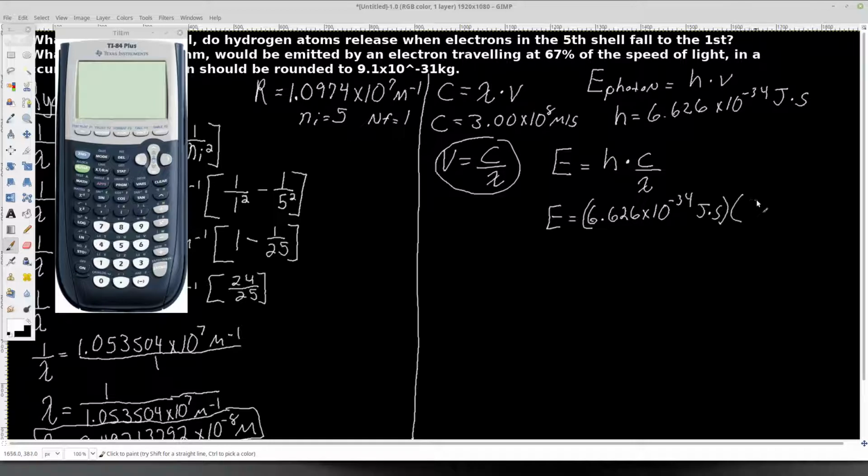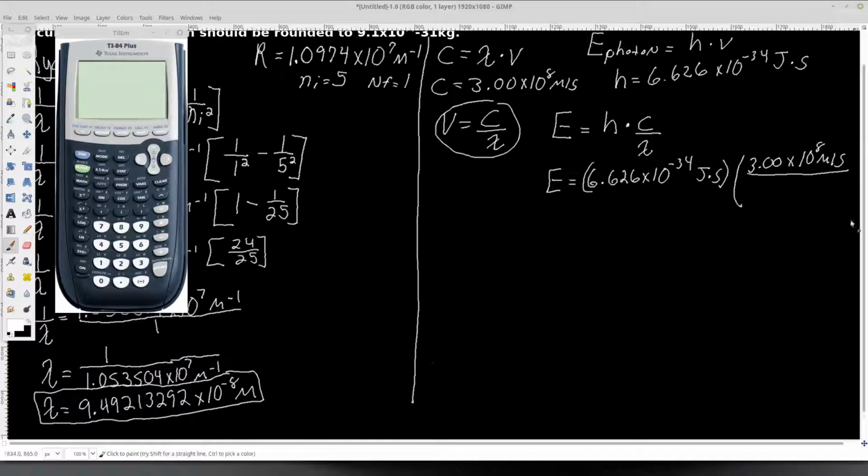I might actually need to make my parentheses a little bit bigger. The speed of light is 3.00 times 10 to the 8th meters per second divided by my wavelength. Now my wavelength I got all the way down there a while ago, so let's get that in there.